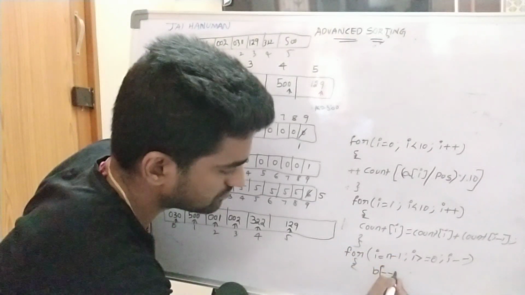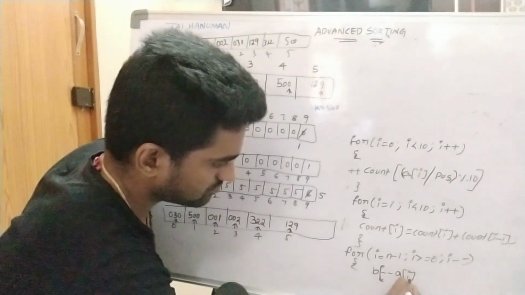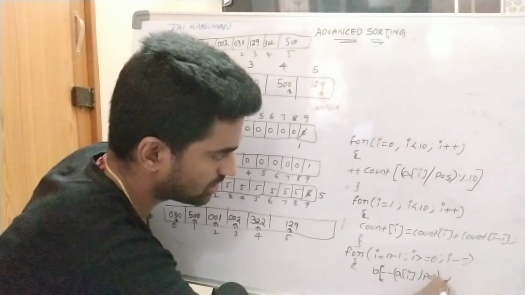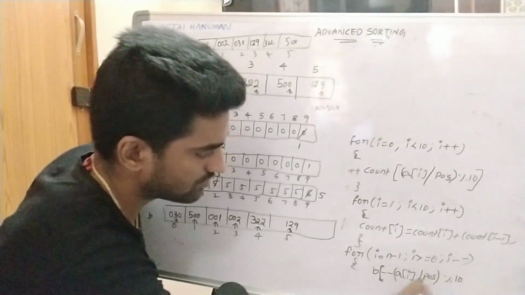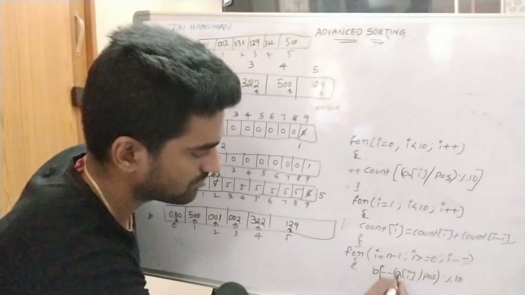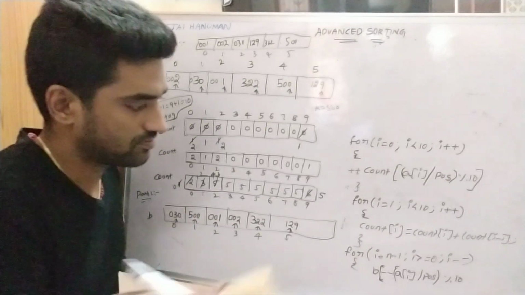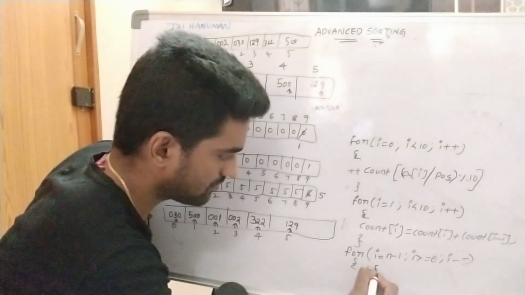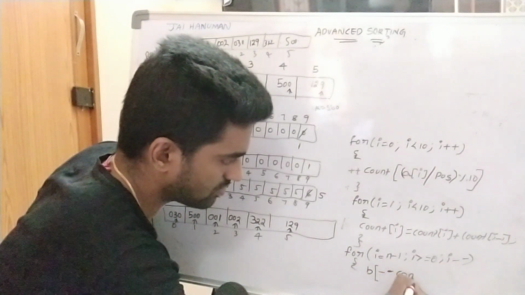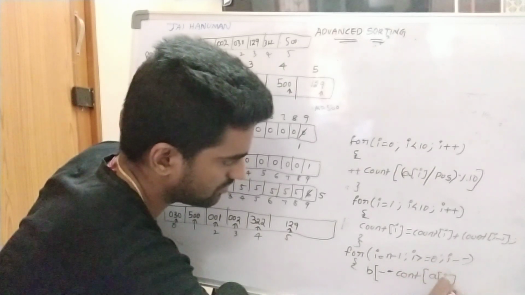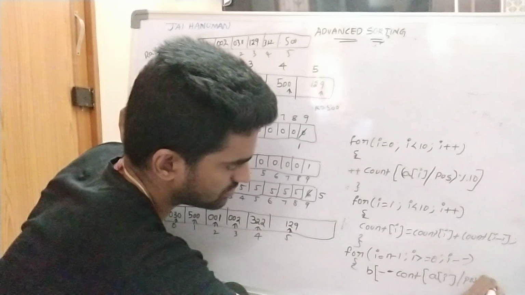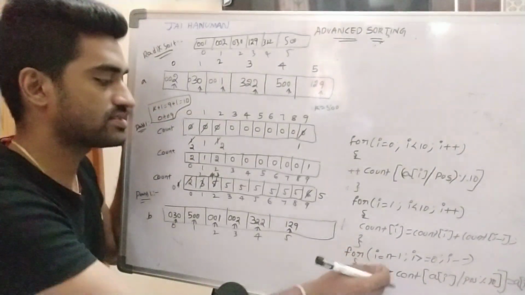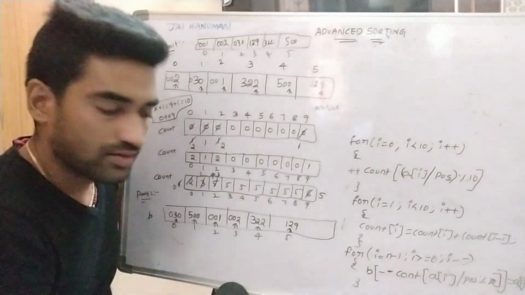So that's why we compulsorily perform a division operation and a modulo division operation, right? So here, B of minus minus count of A of I by position modulo division of 10, which is equivalent to A of I. So based on the A of I value we can update the B of I array.